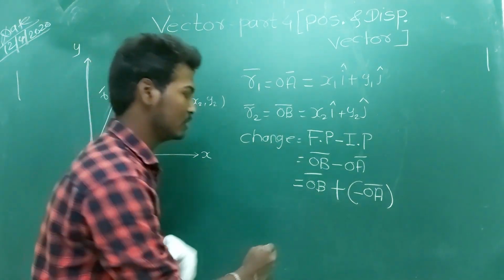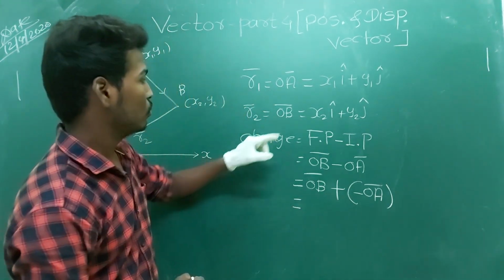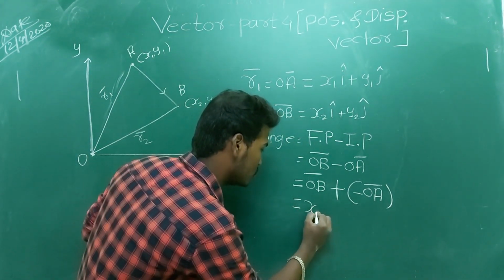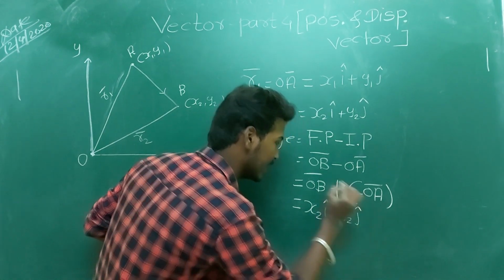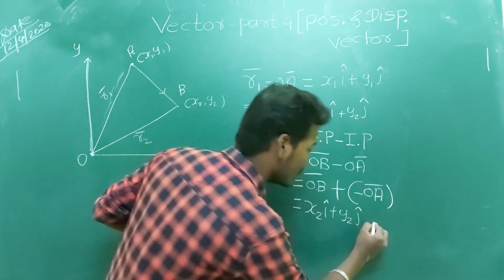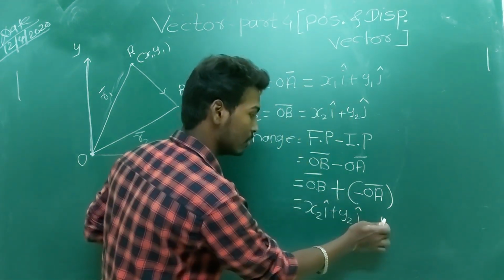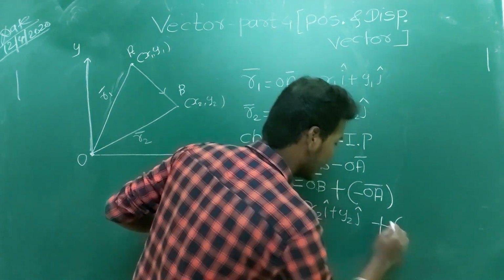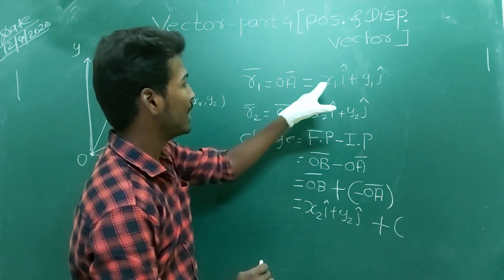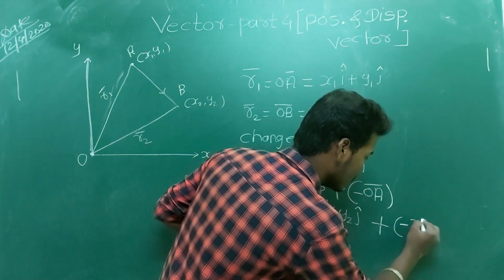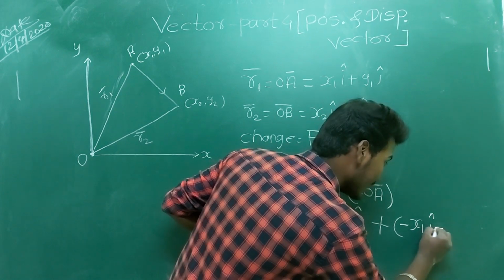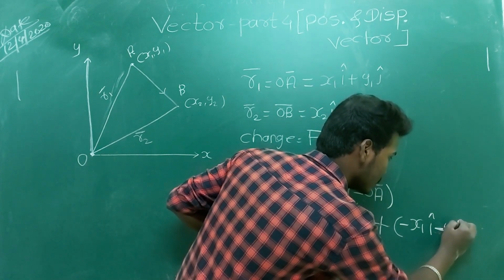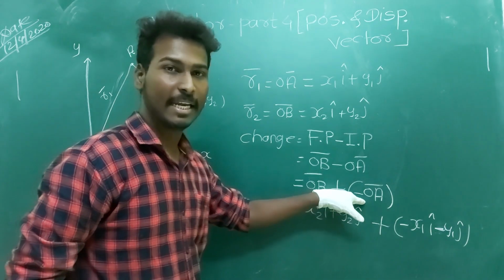It is also valid. So OB bar is x2 I cap plus y2 j cap. This is our plus sign. In a bracket, minus OA bar means minus x1 I cap minus y1 j cap, because we have taken the negative sign here.